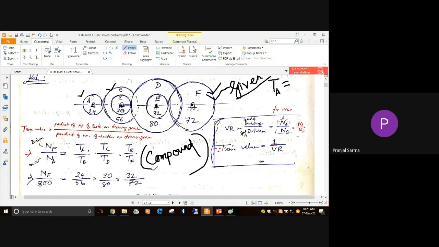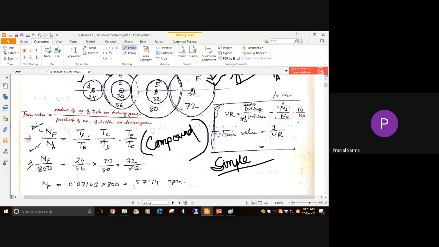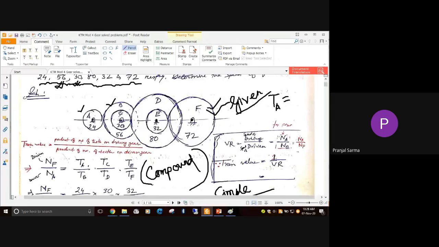But if you recall from our previous knowledge, in the case of a simple gear train, in the train value or the velocity ratio, the intermediate gears don't come into the picture. Right now it is a compound gear train. So what are the driving gears here, from this particular figure?